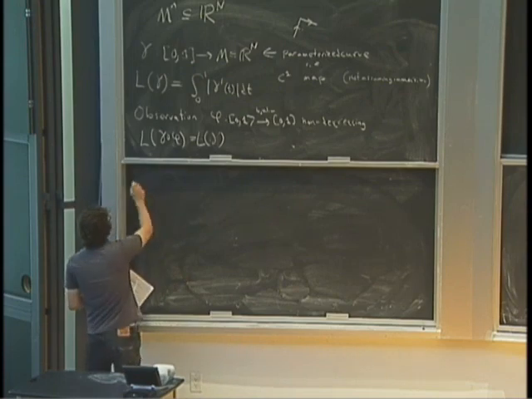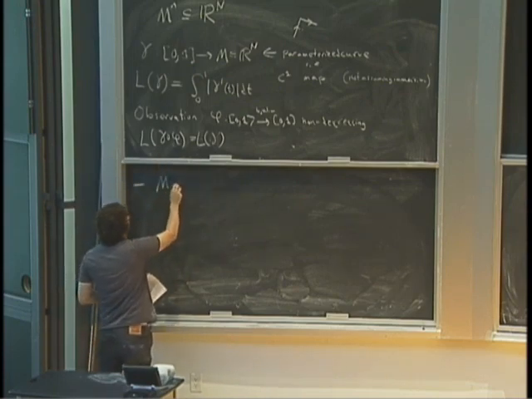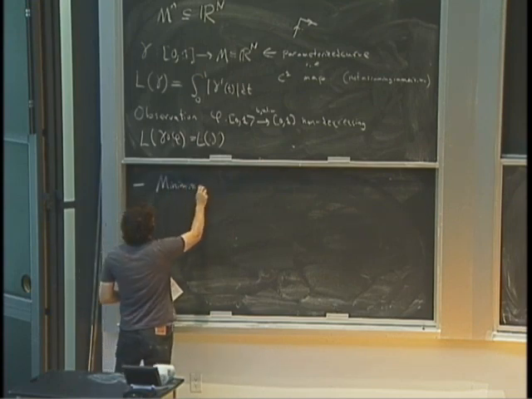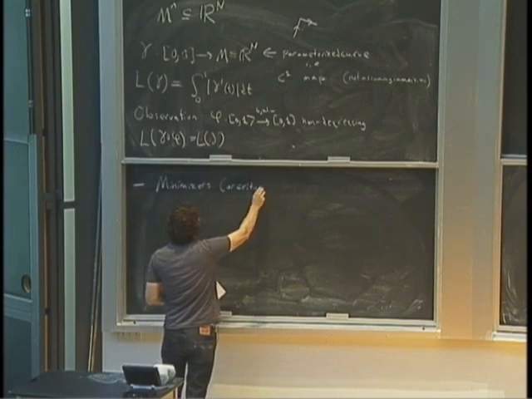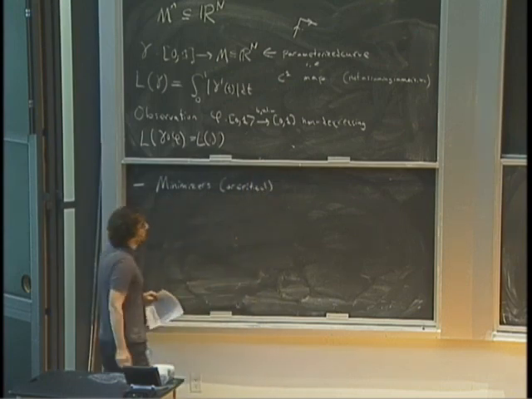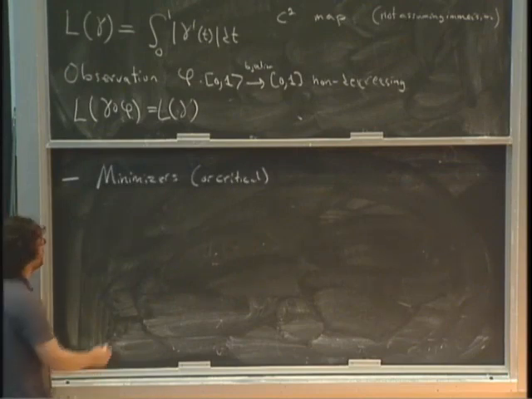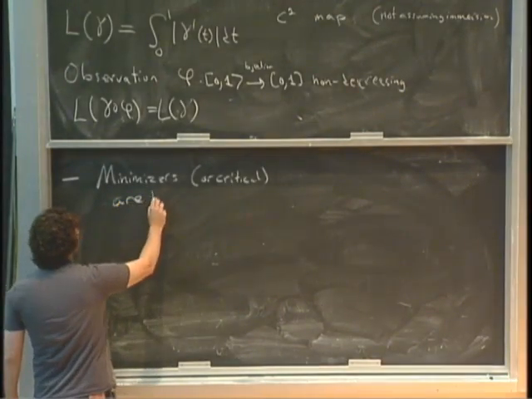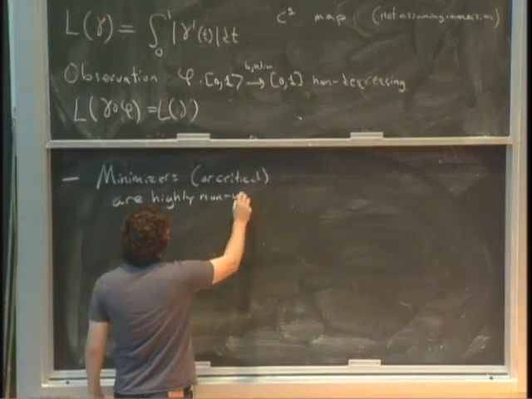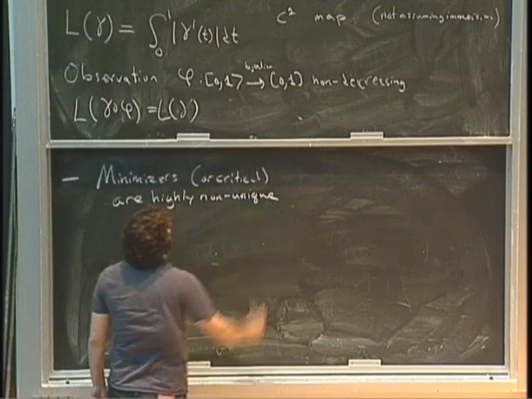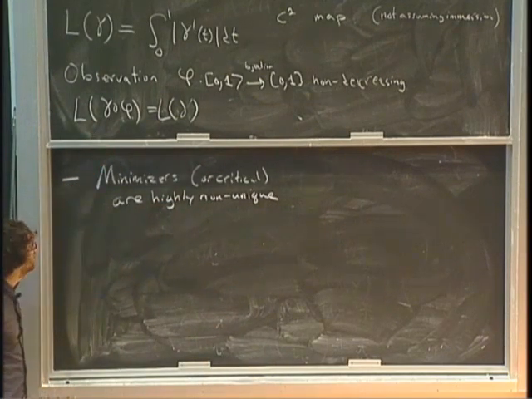Because of this, say minimizers or critical points: in general, you expect minimizers of a functional, or critical points of the functional, to be fairly rigid objects, but these are highly non-unique. In fact, you have a whole infinite-dimensional freedom by changing the parameterization.